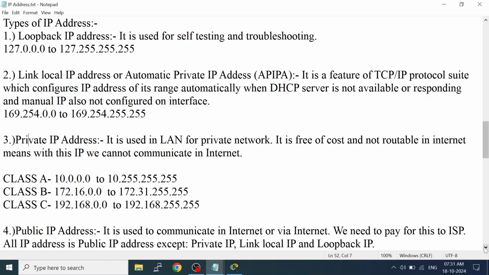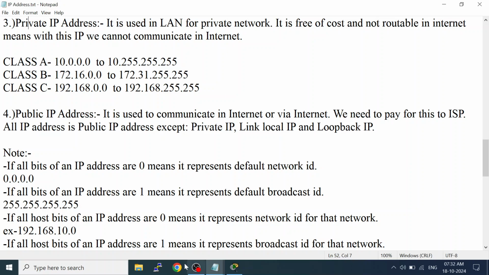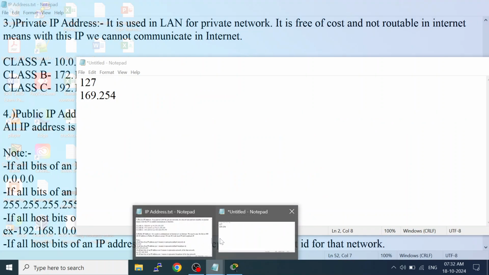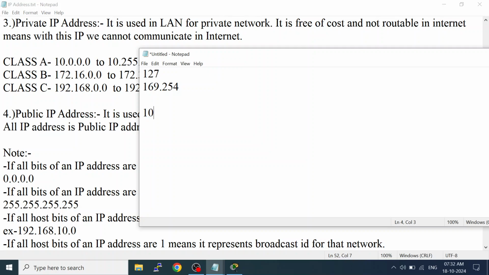So IANA has done one thing, that they have given a private IP range: class A, one network. Which network? 10, because only one network is there. If it is 11, it means public IP. If it is 9, it means public IP. Only the IP which starts with 10, that is private. For class B, IANA has given 172.16 to 172.31.